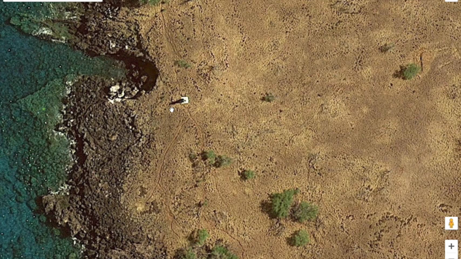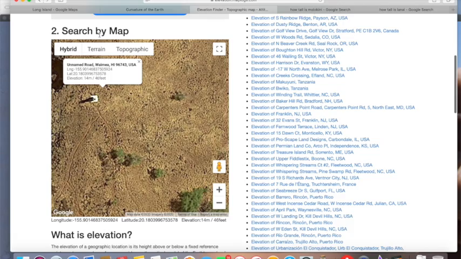Let's take a look at the elevation. 43 feet. Okay, here is 46 feet. Here's 43. 43. Okay, so we're pretty much there. 39. 46 feet. Okay, we got it. Back to my video.